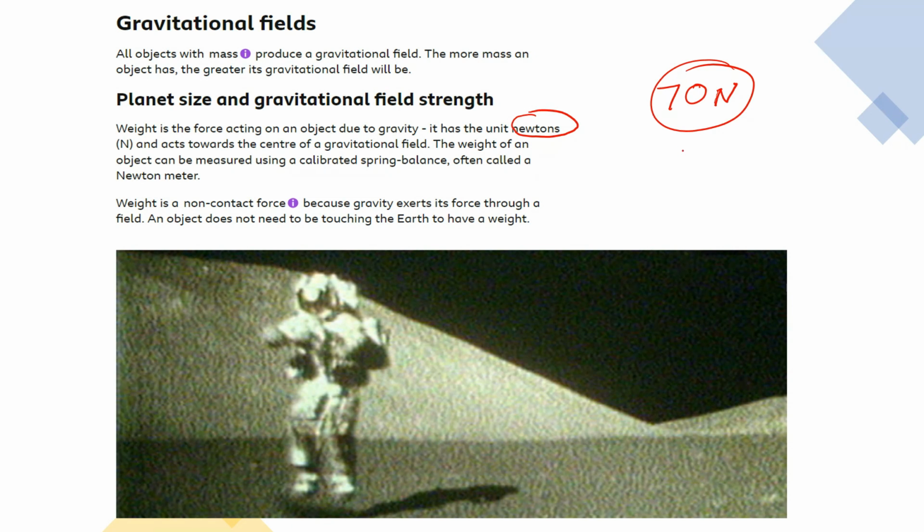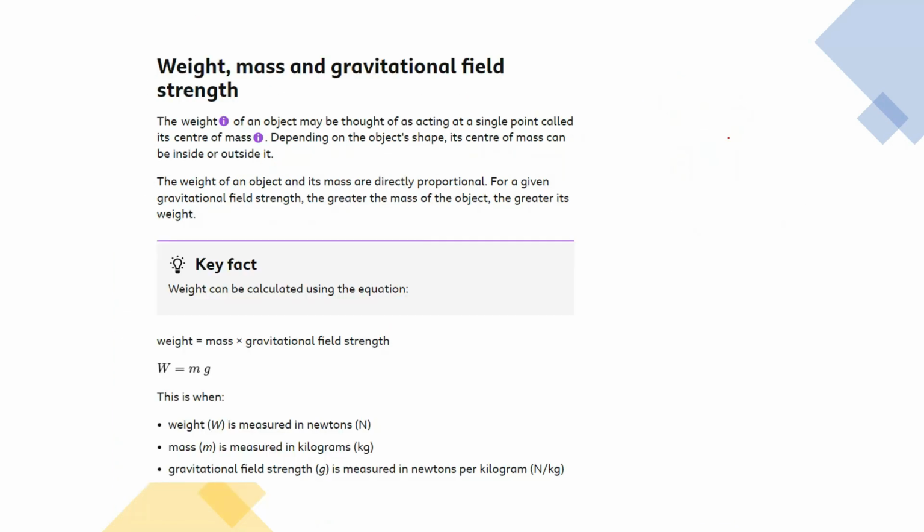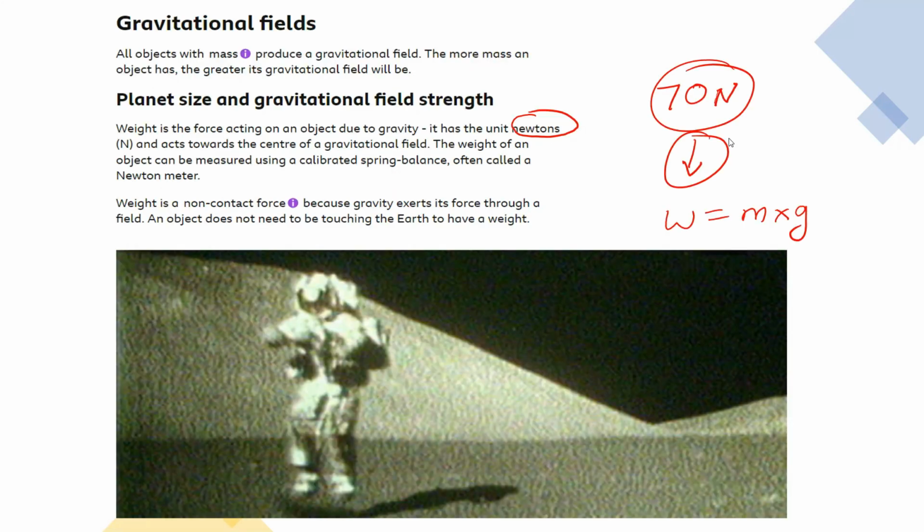Now, what is the difference between weight and mass? Always remember, weight is equal to mass times gravitational field strength.